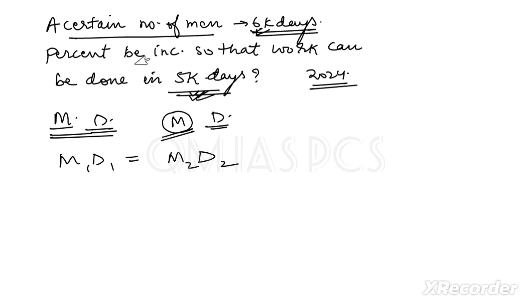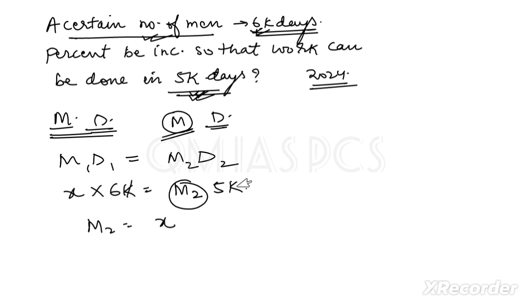If we consider m1 is equal to x, with 6k days, and m2 with 5k days, we have to find the value of m2. So m2 is equal to x, this k will be cancelled out, so x times 6 by 5, that means 6 by 5x. Okay, this is your m2, right?